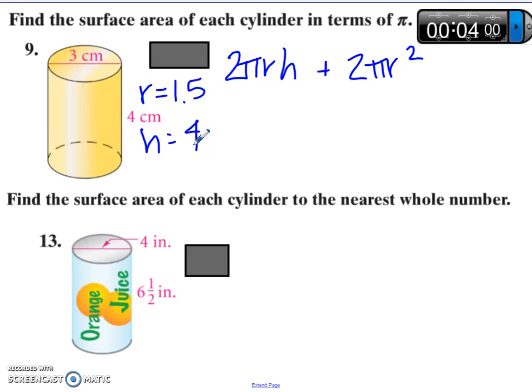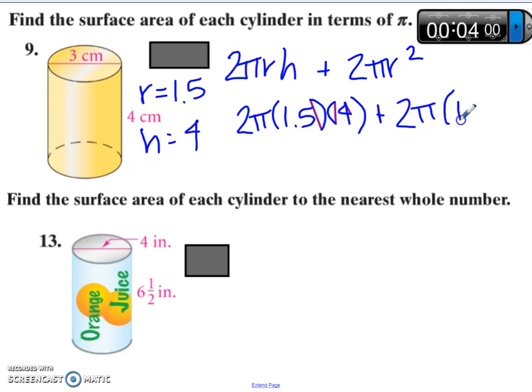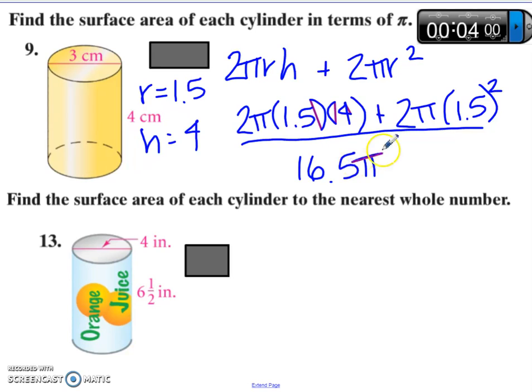So we just replace all those in our calculator as we go. And we're going to do this in terms of pi. So do not use 3.14, just leave it in terms of pi. Put all of this in, you get 16.5 pi.